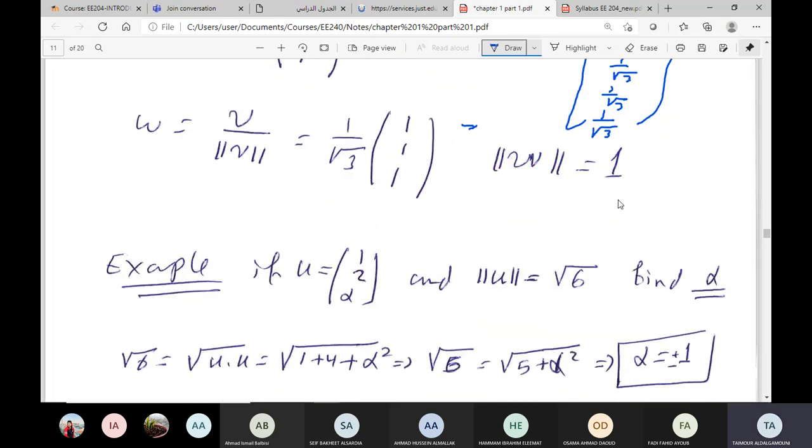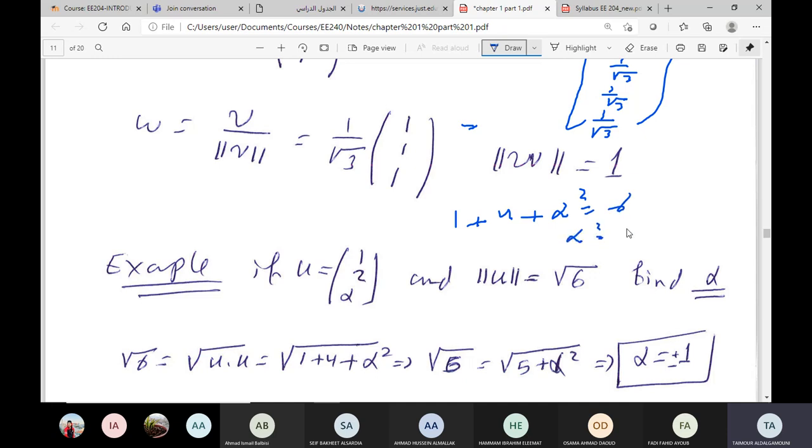Now, here it says if U is 1, 2, and alpha, and the norm of U is the square root of 6, then find alpha. This is kind of an easy question. So the norm of U square is 1 plus 4 plus alpha square, which is equal to 6.